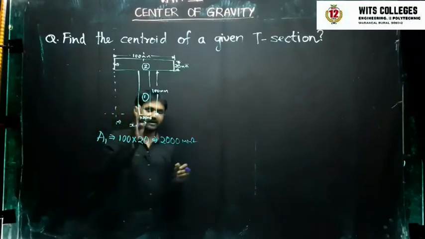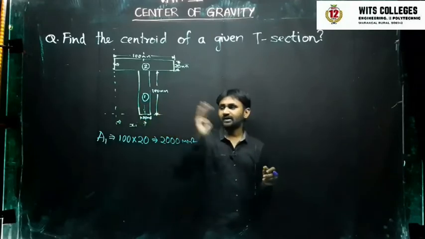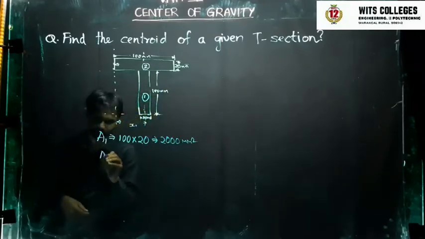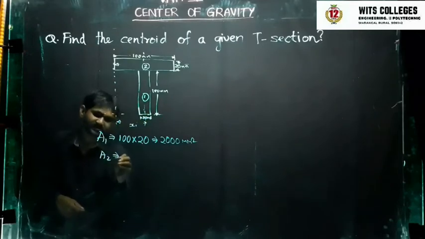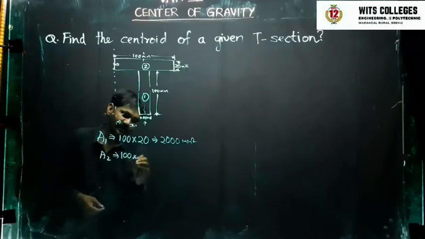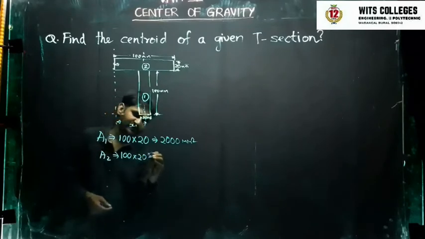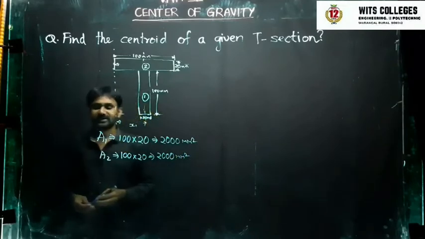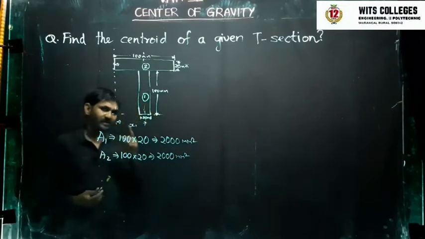So I got A1, figure number 1. Similarly, I should calculate the A2, in the sense figure number 2. That is also 100 into 20. So this is 2000 mm square. So I got A1, I got A2.